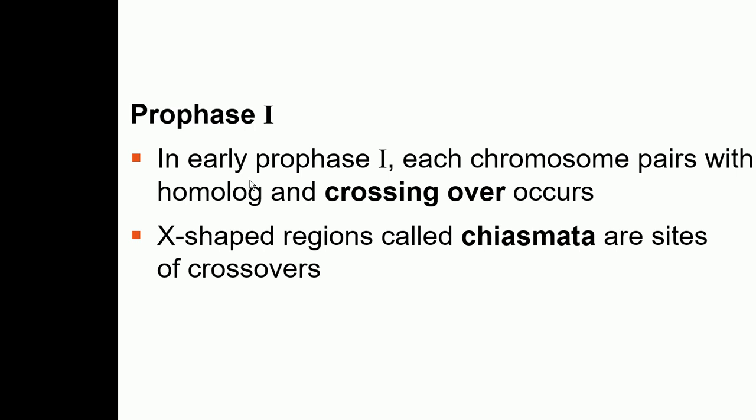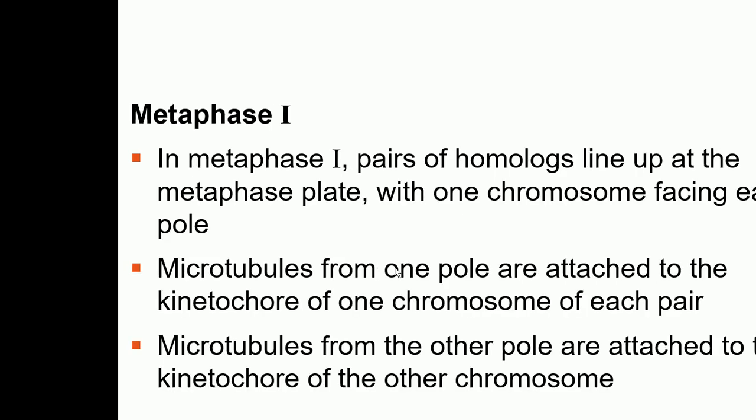But something important and different takes place in prophase 1 of meiosis 1, which does not take place in mitosis, and that event is called crossing over. Now, what is crossing over? Crossing over results in the formation of X-shaped regions called chiasmata, and they are the sites of crossovers.